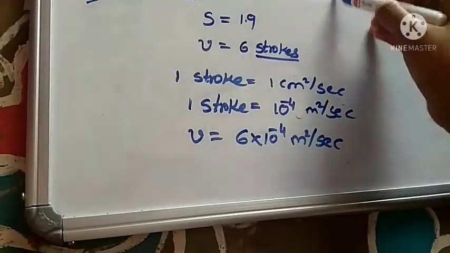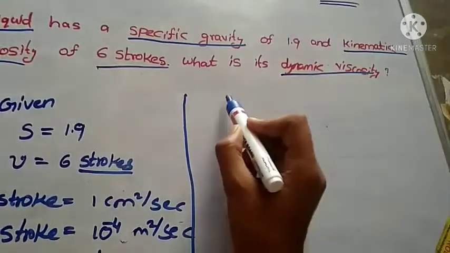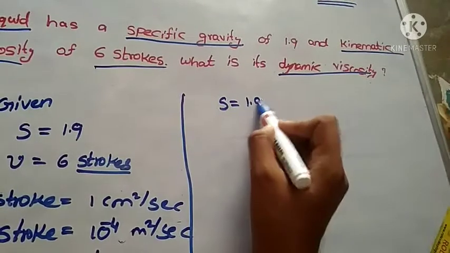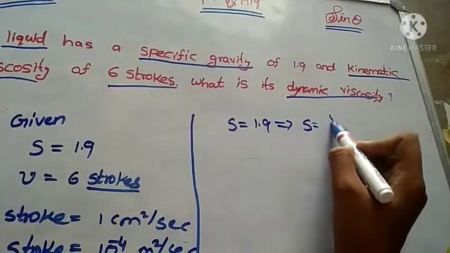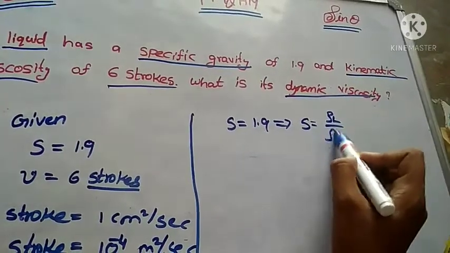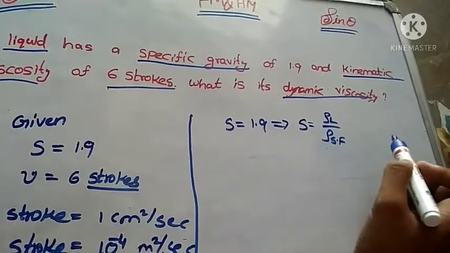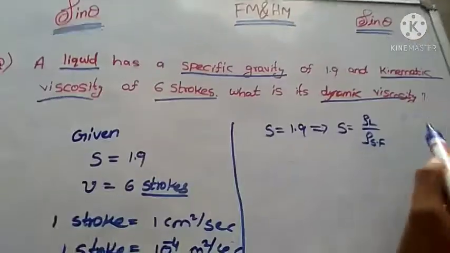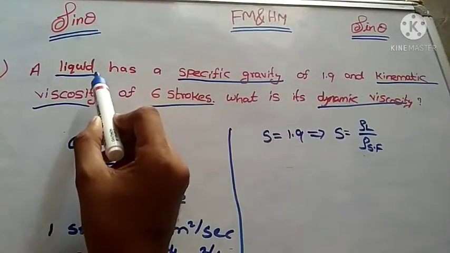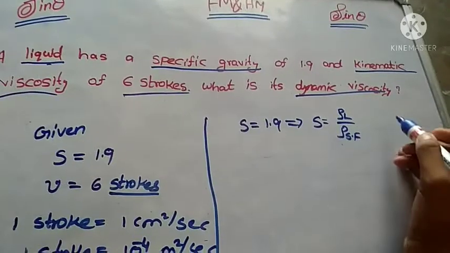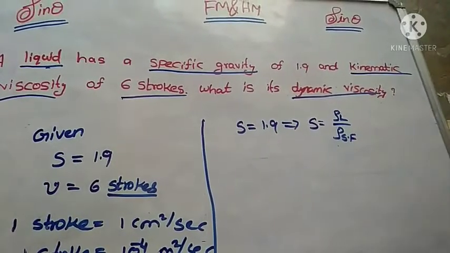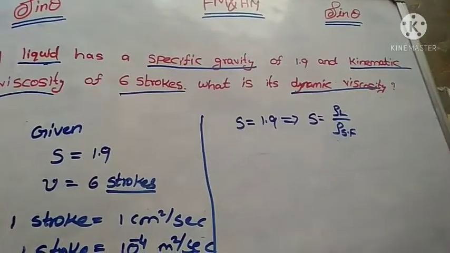And the next one is, what they are giving is S. S is equal to 1.9. We know the formula for S. S is equal to density of liquid divided by density of standard fluid. Here the liquid is from the problem, so this is the liquid. The standard fluid for liquids is water.